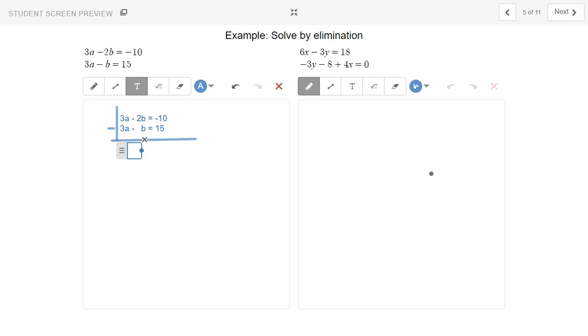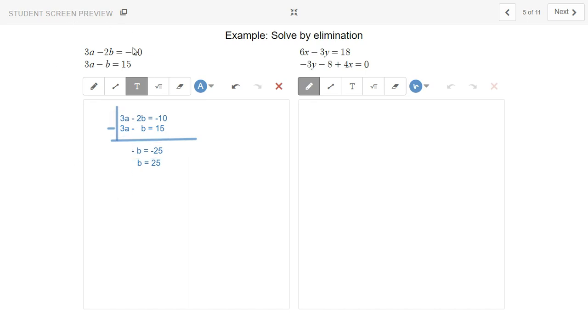That gives me negative 2 plus 1. So we have negative b, and this is equal to negative 25. B is equal to positive 25 because we always have to have a coefficient that is positive here.